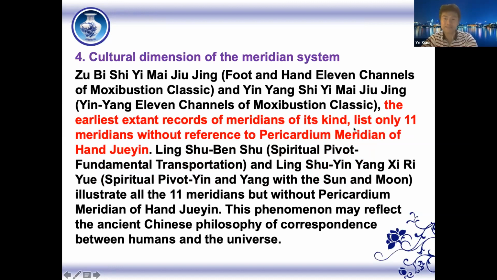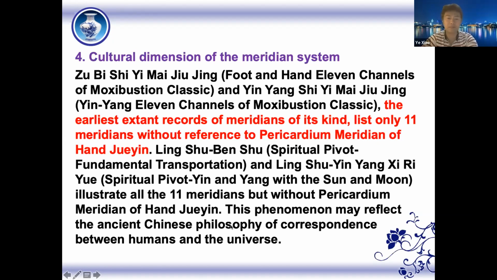Both of these 2 books list only 11 meridians without reference to pericardium meridian of the hand 厥阴, and the 灵枢本输, spiritual pivot, fundamental transportation, and the 灵枢阴阳系日月, spiritual pivot, yin and yang with the sun and the moon, also illustrate all the 11 meridians, but without the mention of pericardium meridian of hand 厥阴.